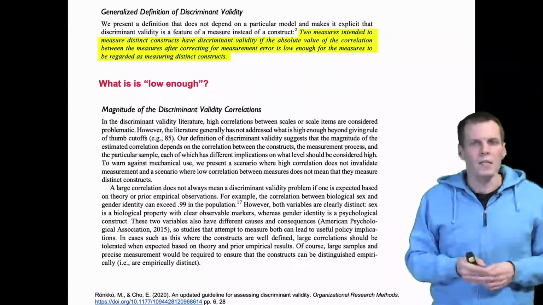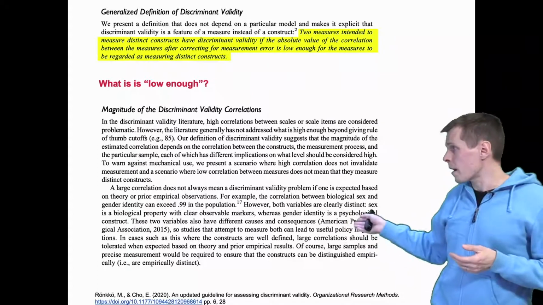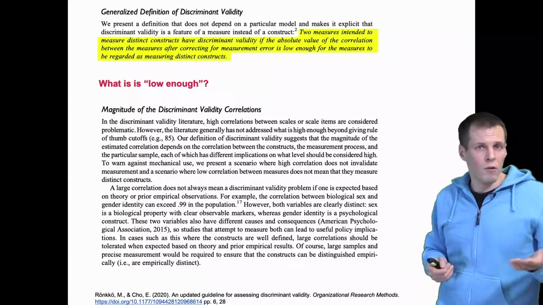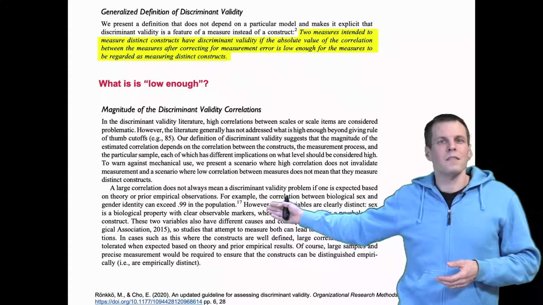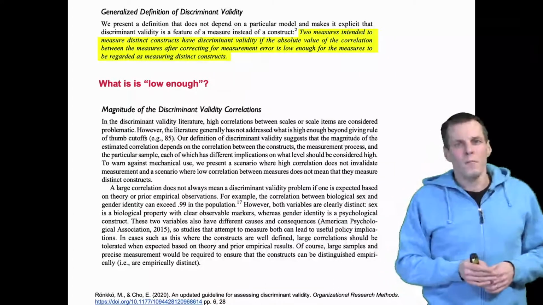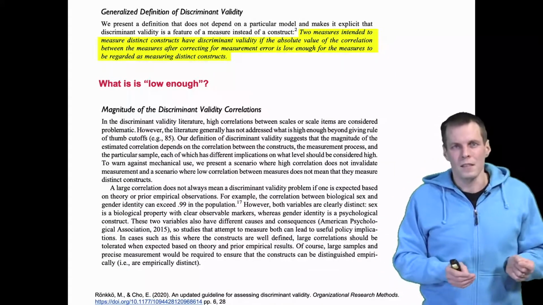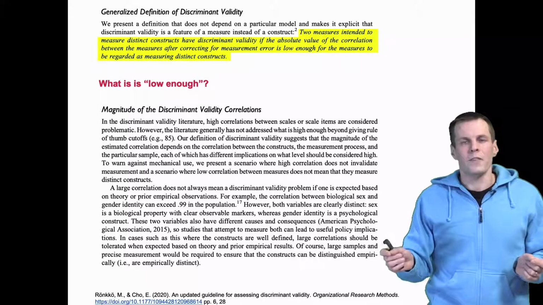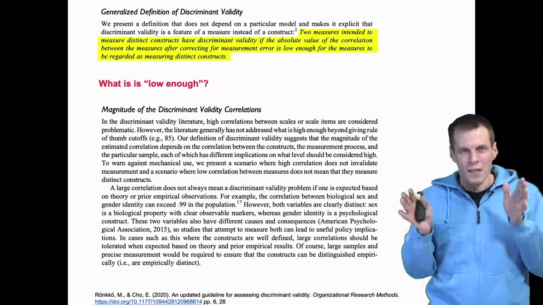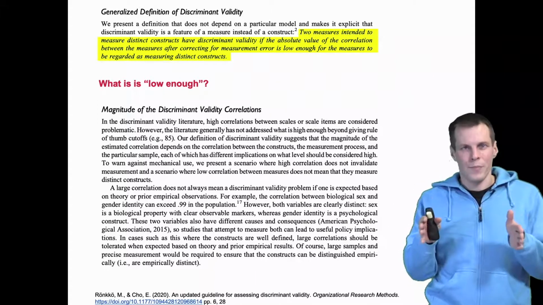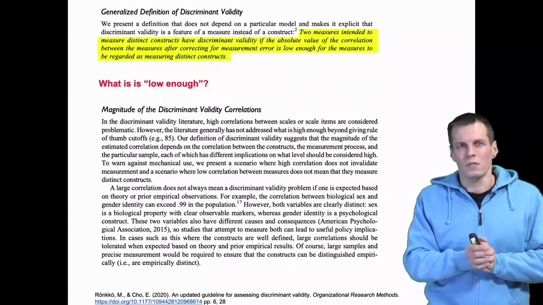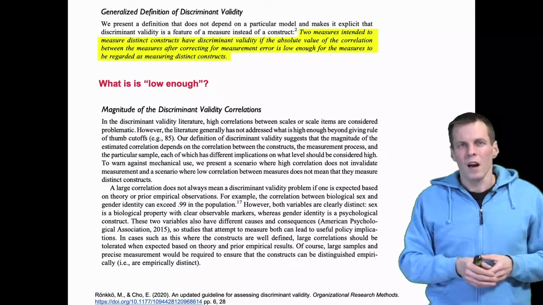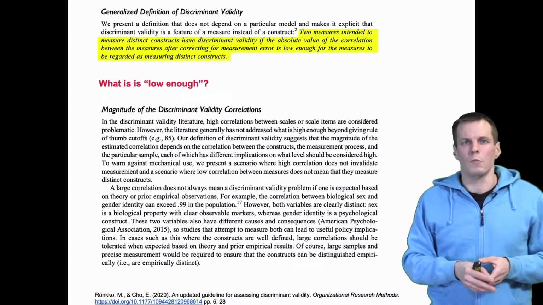If that is the case in the population, according to APA, the correlation is going to be more than 0.99. Does it mean that a measure of biological sex and gender identity, if used as a measure pair, can never pass any discriminant validity tests? Of course not. So sometimes high correlations should be tolerated when they're expected.